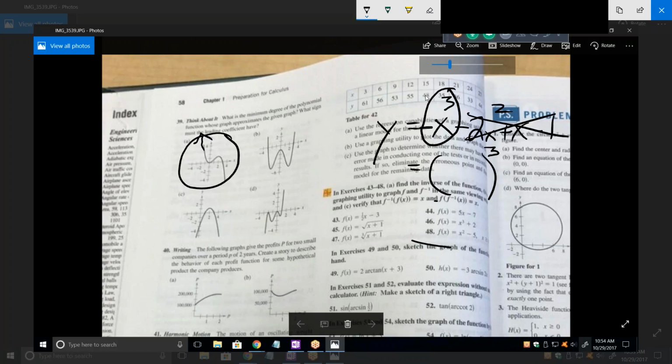If I put a negative sign in front and cube negative infinity, that's still negative infinity. Negative negative infinity equals positive infinity. That's what we're looking at: as x goes to negative infinity, the function goes to positive infinity.